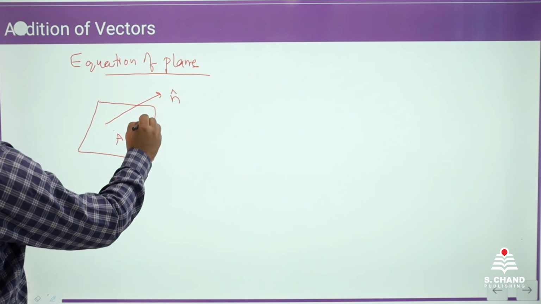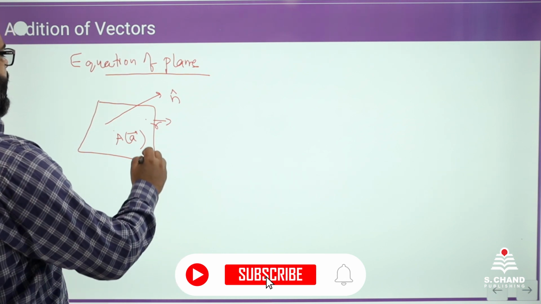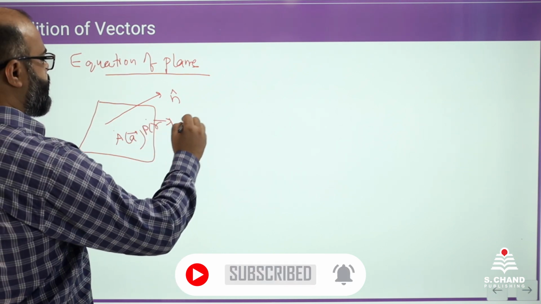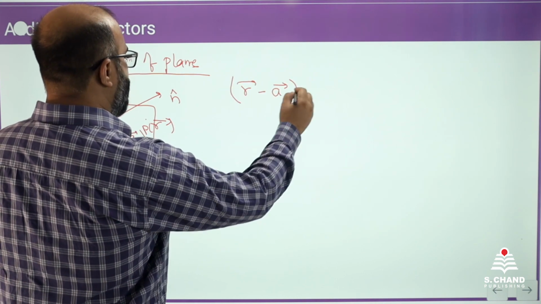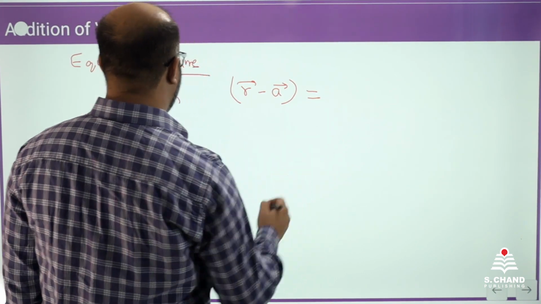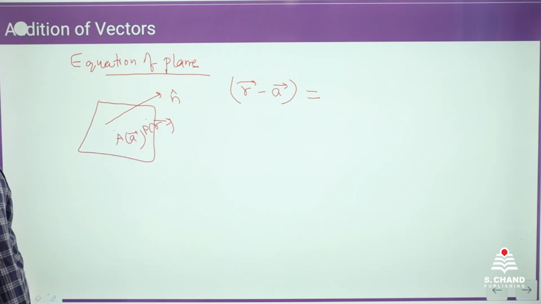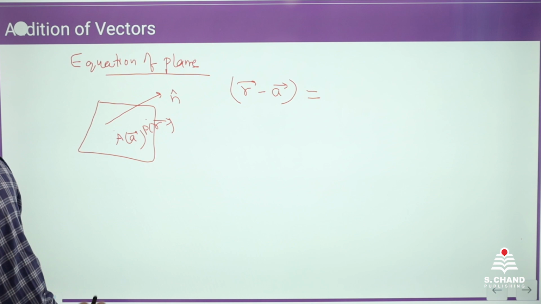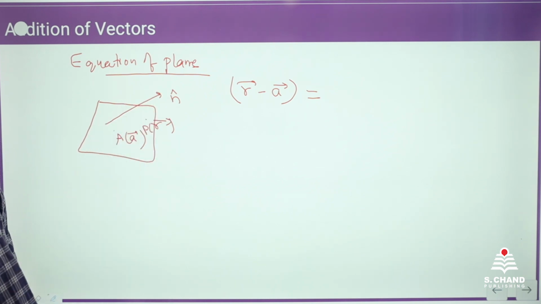Then any point on that plane with position vector R can be written with this formula: R minus A is a vector on this plane, and it is perpendicular to the normal vector to the plane.